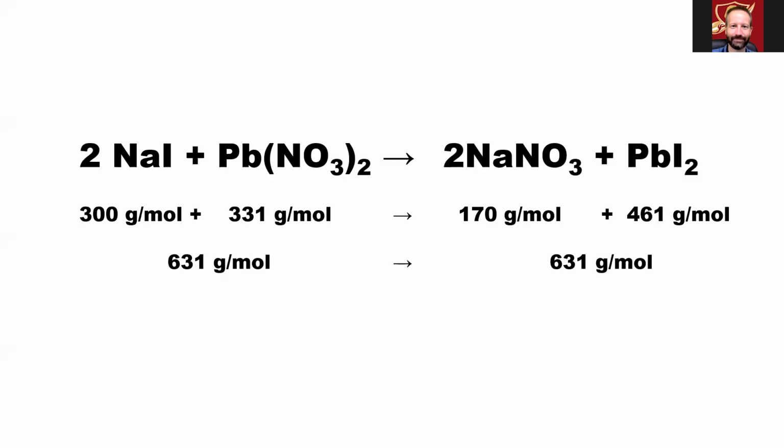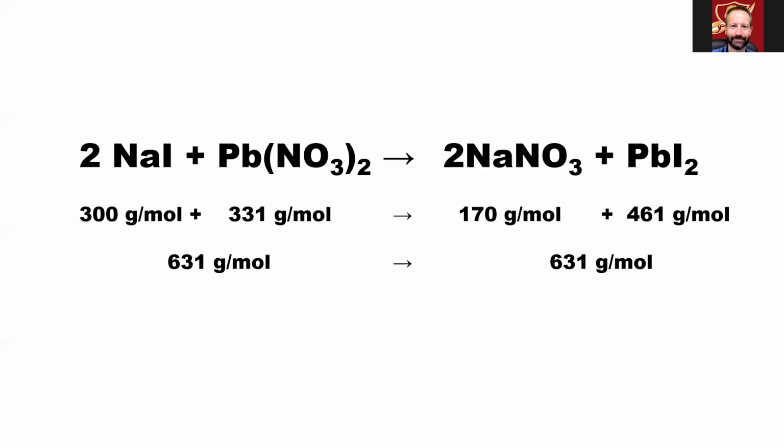So yes, law of conservation of mass says the mass of the reactants is the same as the mass of the products, and we definitely see that is true. And again, I would not be off on my expectations to what if I gave you the 300, the 331, the 170, and a blank for the last one.